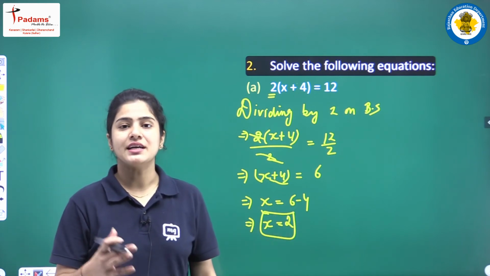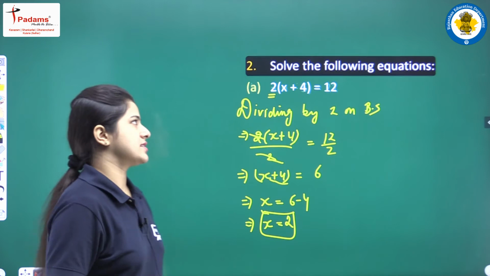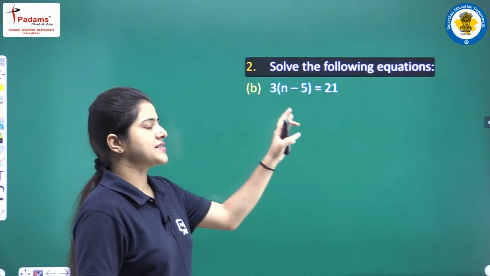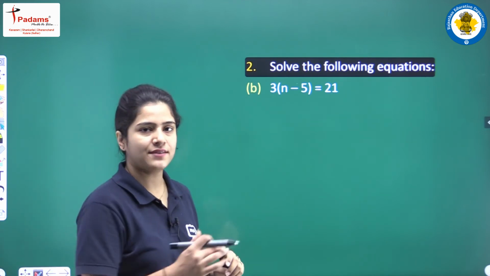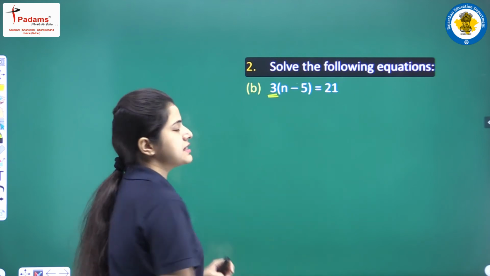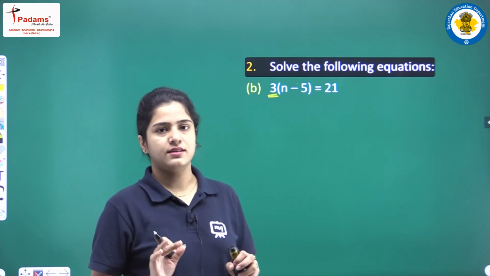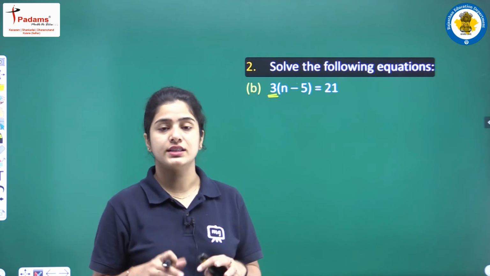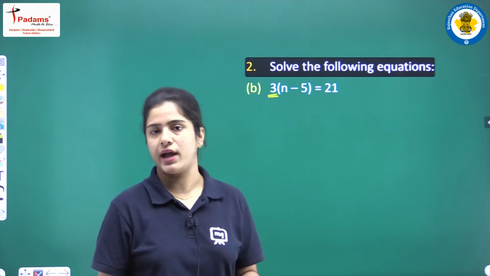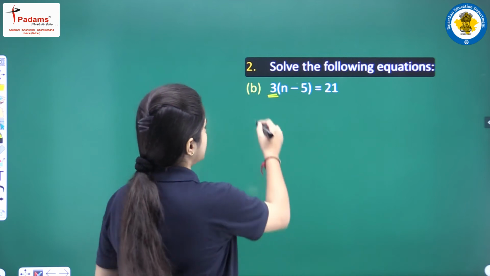Having a look at another question, what is it? 3(n minus 5) is equal to 21. This 3 is in multiplication with the complete bracket and we want to eliminate this 3. So if you want to eliminate the 3 that is in the product, you have to divide by it on both sides.